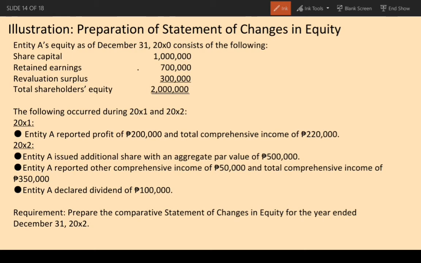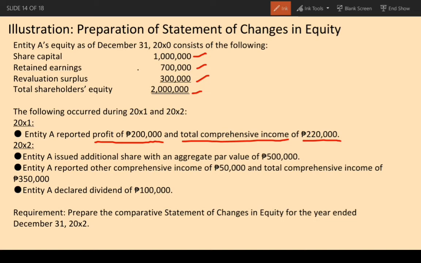Illustration, preparation of statement of changes in equity. Entity A's equity as of December 31, 20x0 consists of the following: share capital 1 million, retained earnings 700,000, revaluation surplus 300,000, total shareholders' equity 2 million. The following occurred during 20x1 and 20x2. In 20x1, entity A reported profit of 200,000 and total comprehensive income of 220,000.